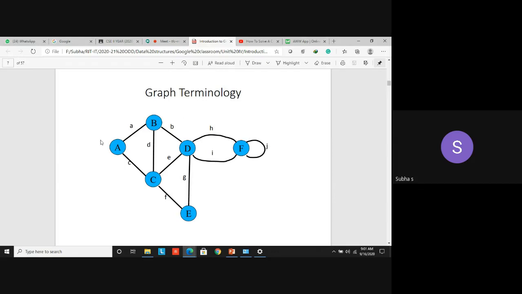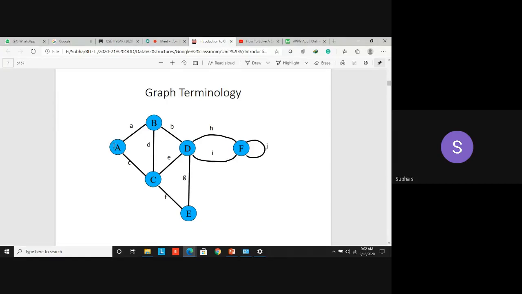You can have a path from any node to any other node. You can see that the F node has a self loop. That self loop, this edge, is called J. The small letters a, b, c, d are all called edges. Is it directed or undirected? There is no arrow mark. This is called an undirected graph.